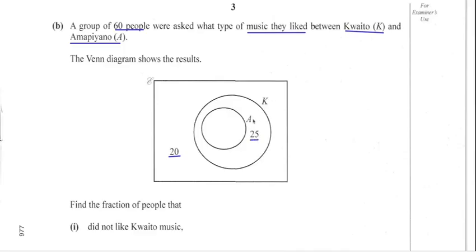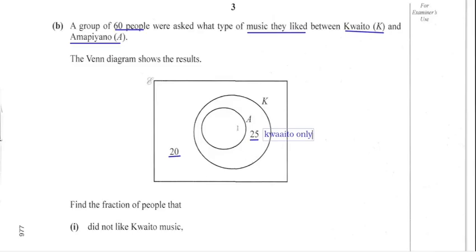It's inside K but outside A. It means that it's K only. This is the number of people that chose Kwaito only. That's Kwaito only. This one they did not choose any.